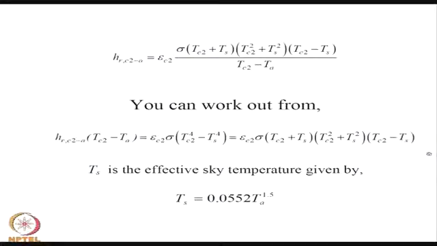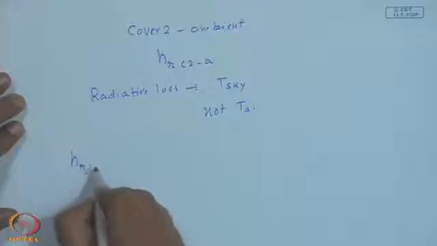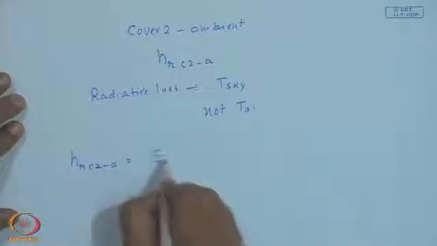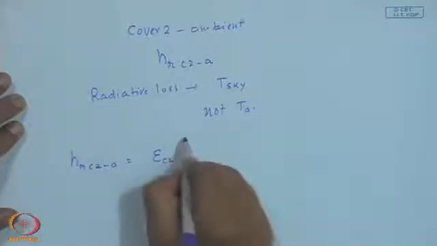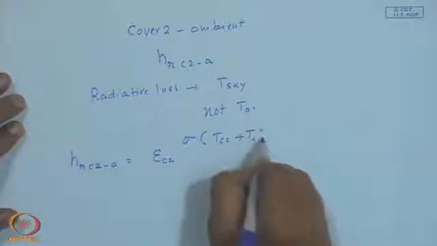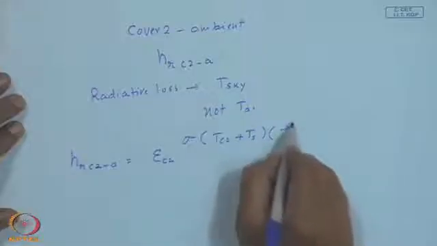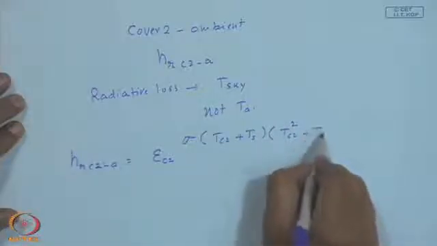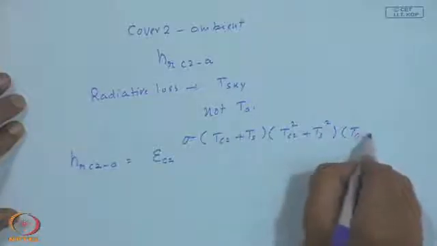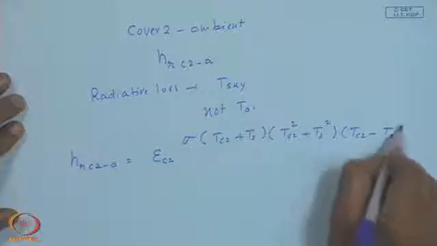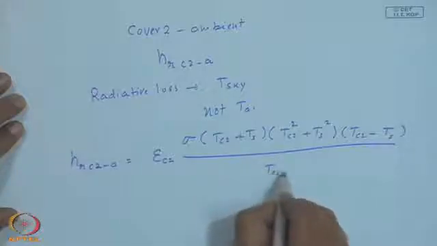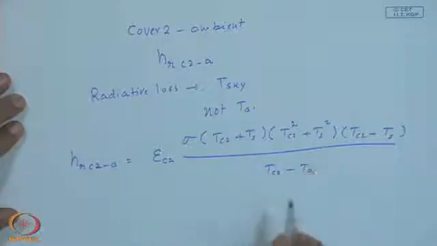So, we can write down H r C 2 A is epsilon C 2 times sigma T C 2 plus T s times T C 2 square plus T s square times T C 2 minus T s upon T C 2 minus T a.